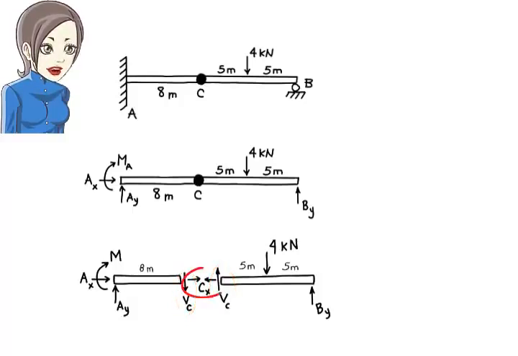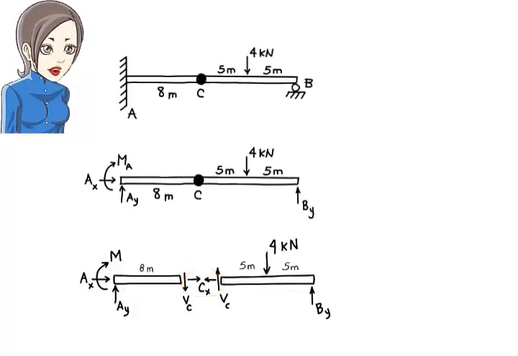Also note that I have placed an internal axial force at point C. Although most beams do not carry such a force, for completeness we need to show the force on the free body diagram. Similar to the internal shear force, the internal axial force at point C must appear in a pair, acting in opposite directions.